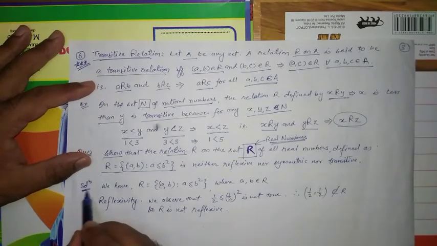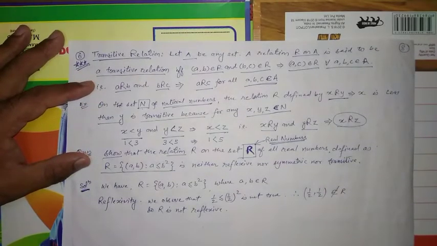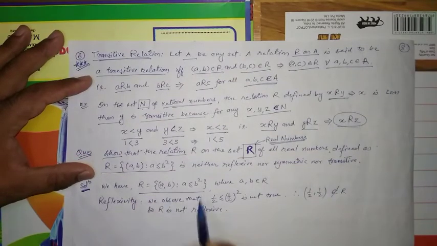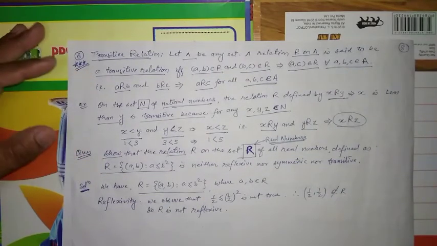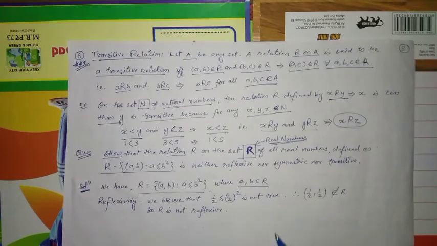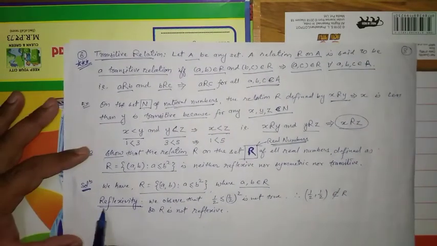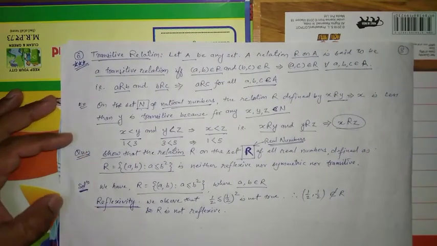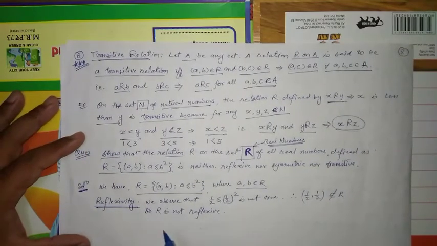So in the solution, we have R equal to {(a, b) : a ≤ b²}, where (a, b) belongs to relation R. First we can check the reflexivity.